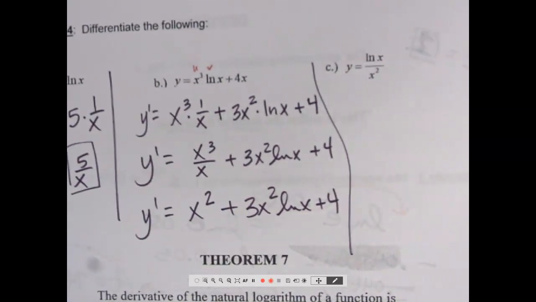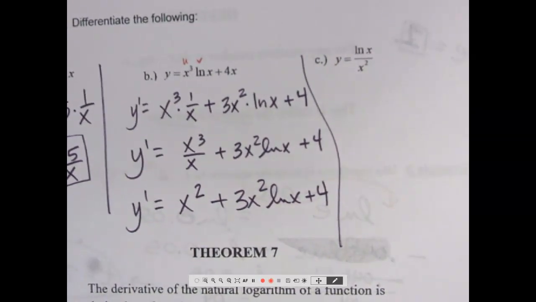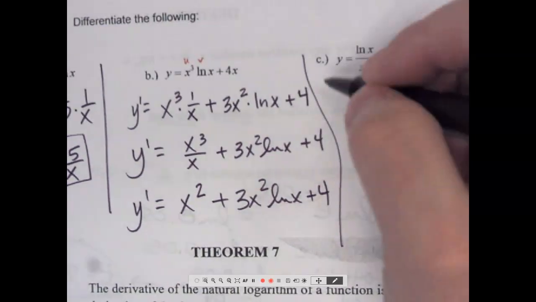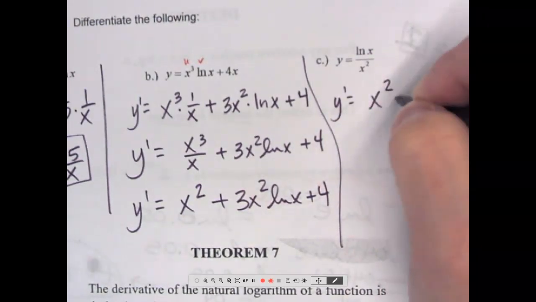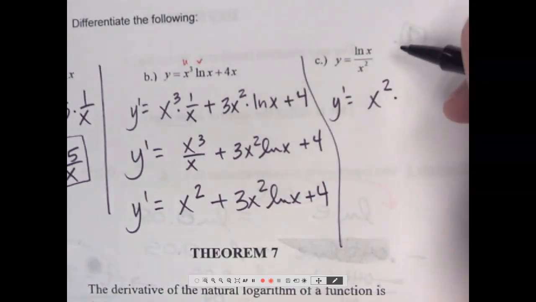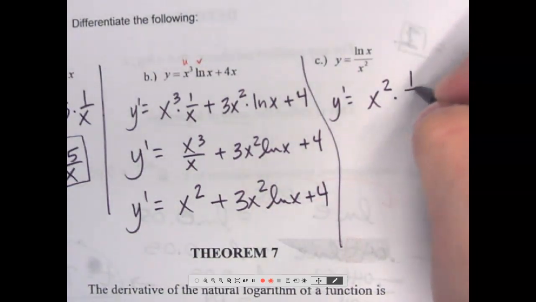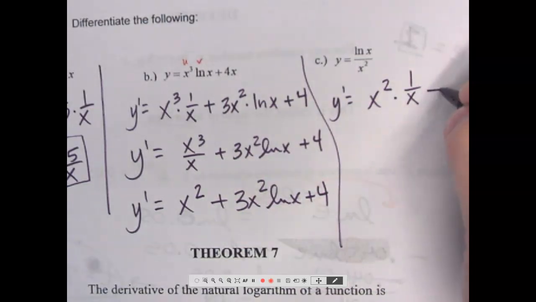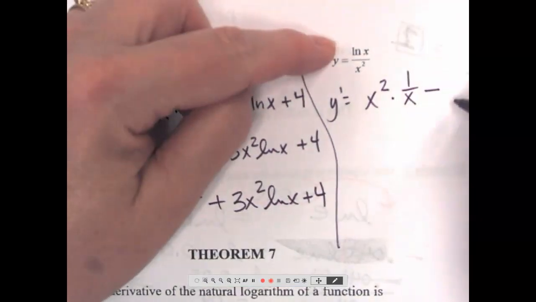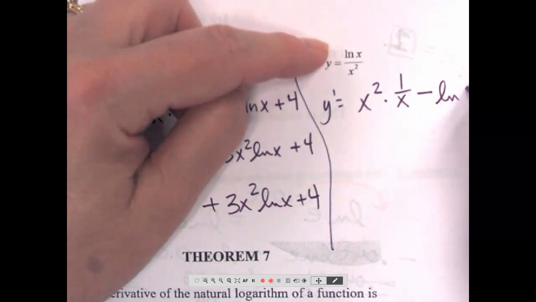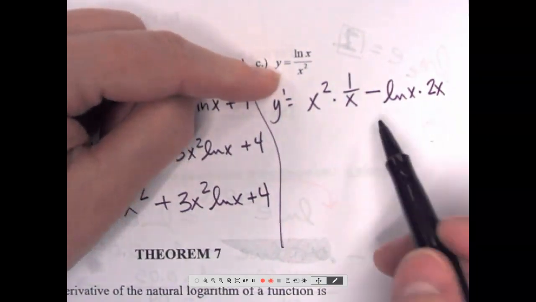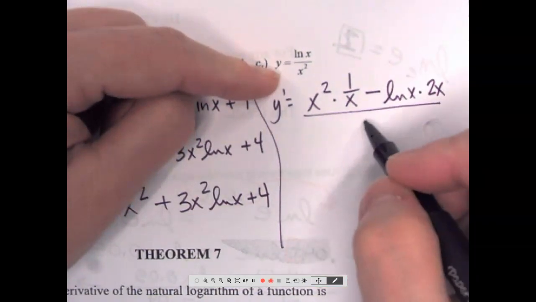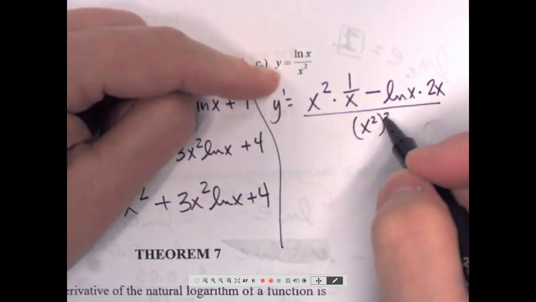Okay, what am I going to use on part C? Quotient rule. All right, here we go. Low, d high, derivative of natural log is 1 over x, minus high, d low, which is 2x, over the square of what's below.